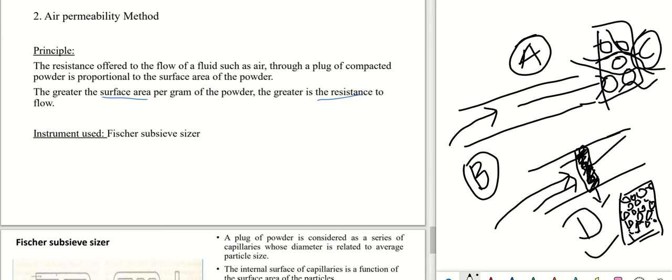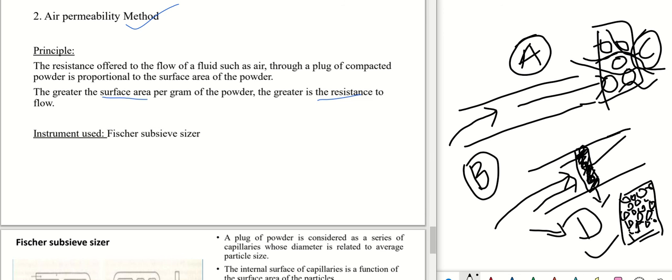So that is how the resistance towards the gas can be determined to obtain the surface area of the particle. Now, this is the basic working principle in this air permeability method.